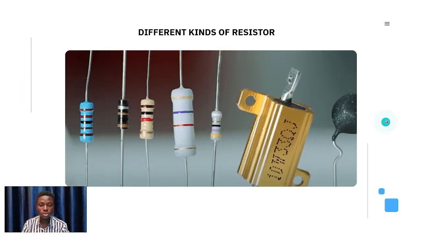So let me show you different kinds of resistor. I'm giving a clearer image. You see different kinds, they come in different shapes, so don't worry about that yet. We're going to be exploring it as we go.